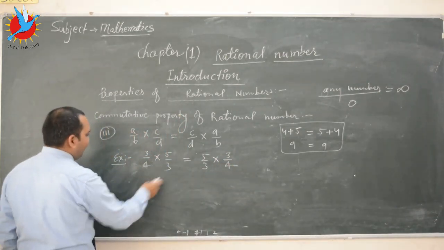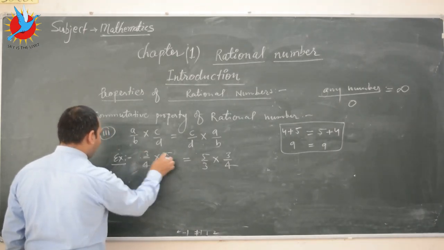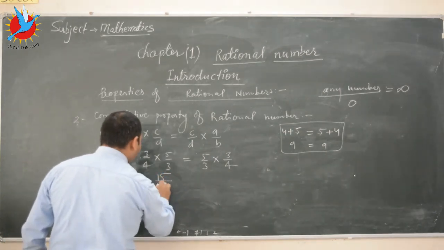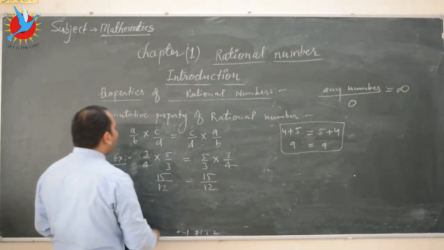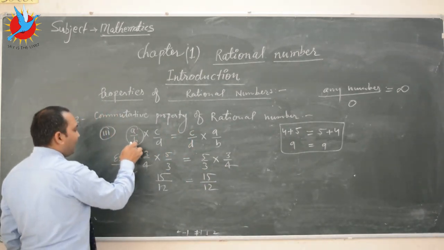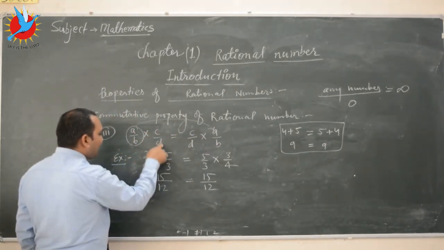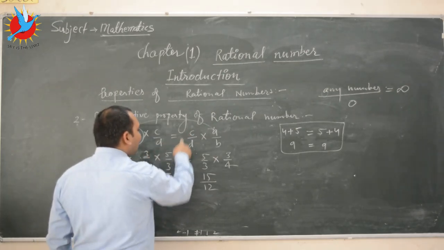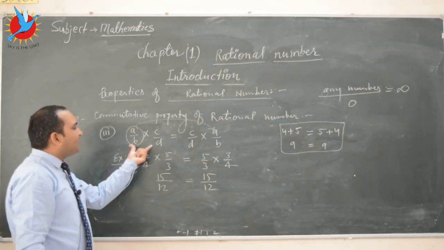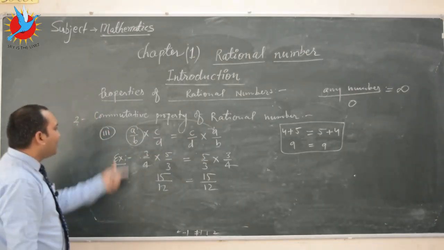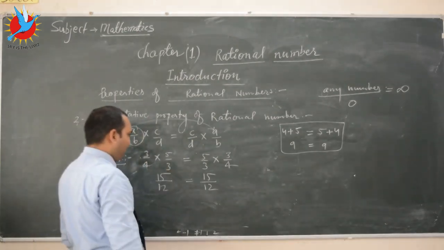On the left hand side, numerator times numerator, that is 5 3s are 15, upon 4 3s are 12, which is equal to 5 3s are 15 and 3 4s are 12. So we change the order: a upon b is first and we write a upon b last, and c upon d will be second, and here c upon d we write first.